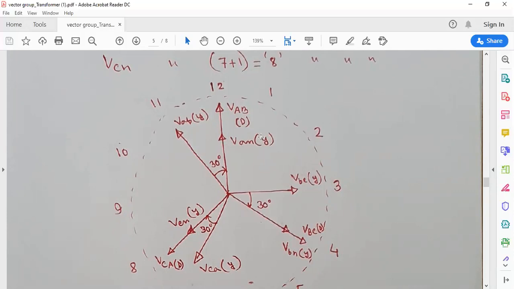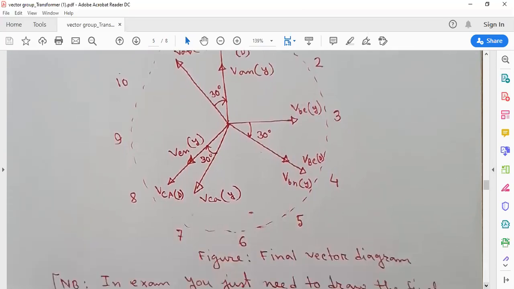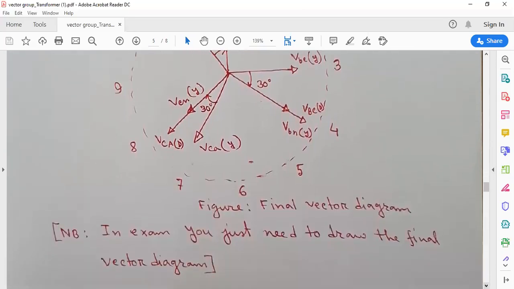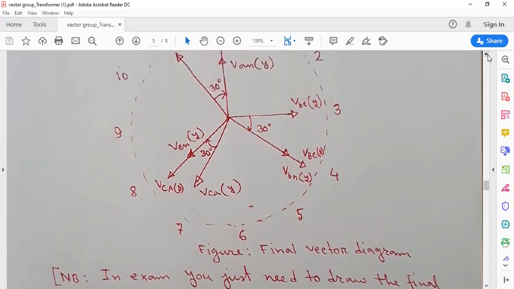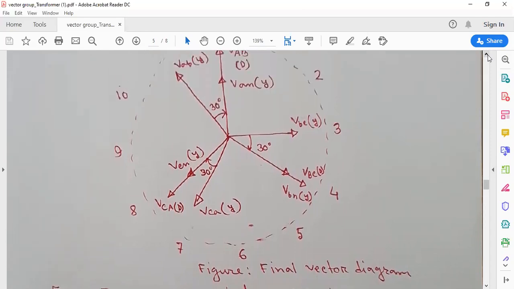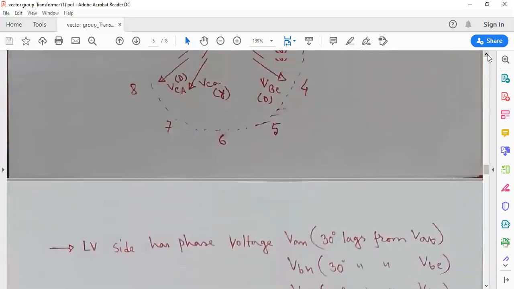Now this is the complete picture. All the phase voltages and all the line voltages are drawn. You will get 50% marks if you complete this task. So I have to remind you something here for your understanding purpose. I have drawn it step by step, and I have written some comments along the way.